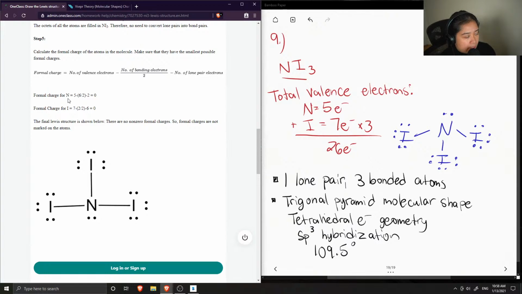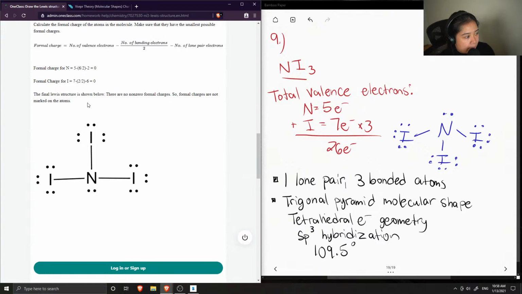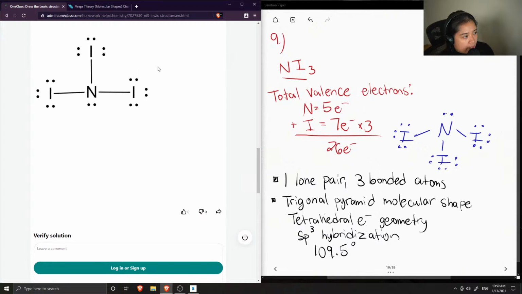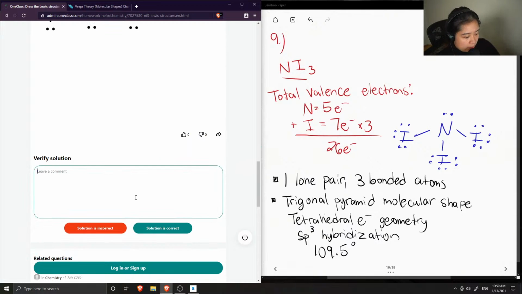So for both nitrogen and iodine, they have a formal charge of 0. So the final Lewis structure is shown below. There are no non-zero formal charges, so formal charges are not marked on the atoms. Okay, so this solution is correct.